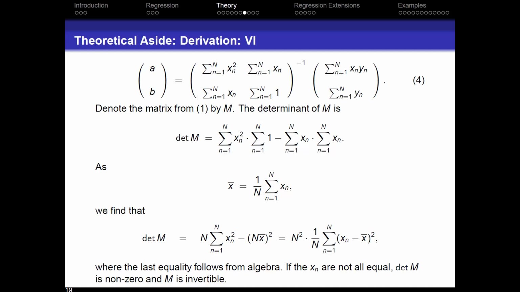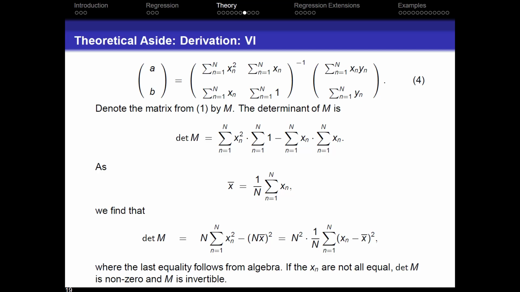And now the other one is n sum of xn squared. So I can pull out an n squared, and I get 1 over n when you do a little bit of algebra, the sum of xn minus x bar squared. What does that quantity equal? This is a quantity we've seen many times. The variance, right? There's 2 ways to calculate the variance.